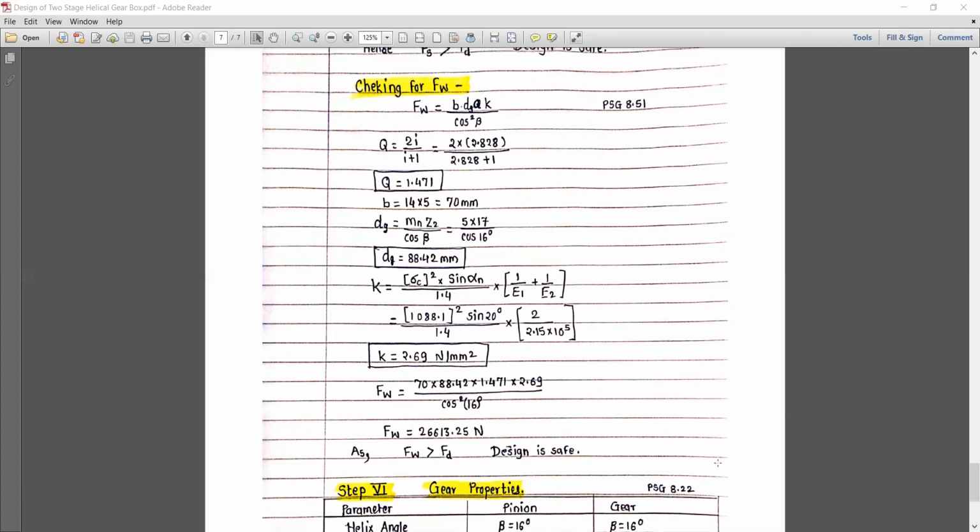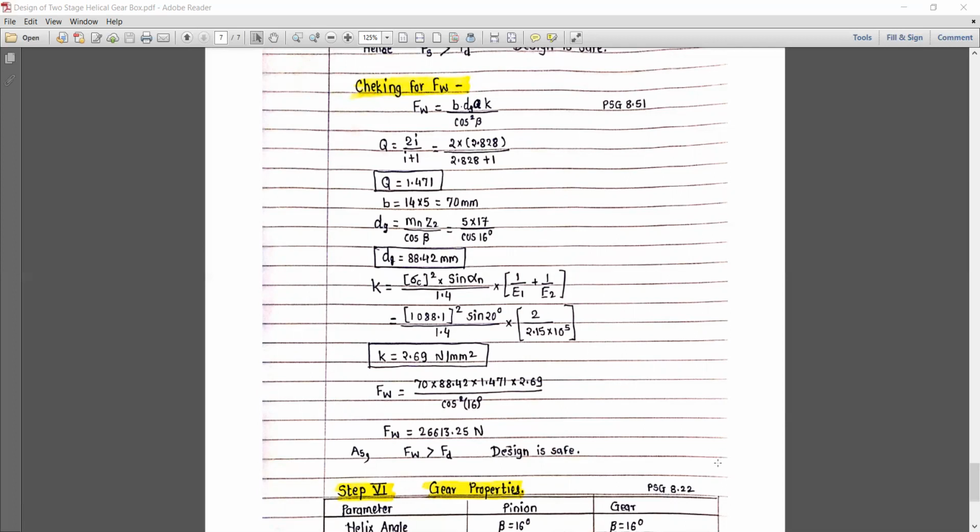Q can be calculated as 2I divided by I plus 1, from page number 8.51. The I value we have, so the value of Q is equal to 1.471. B is already known, that is 7 centimeter or 70 mm. Dg is mn z2 divided by cos of beta.